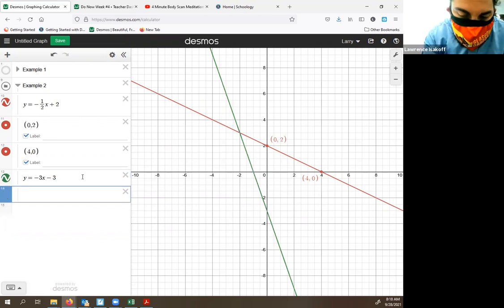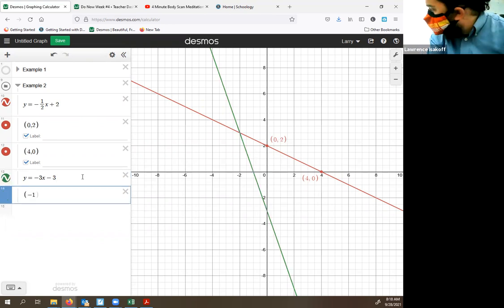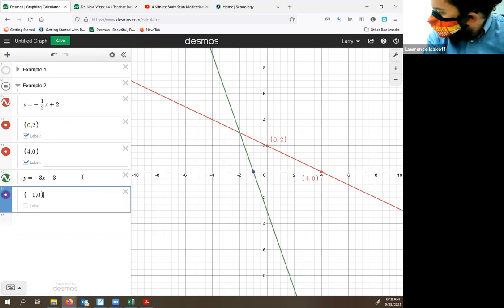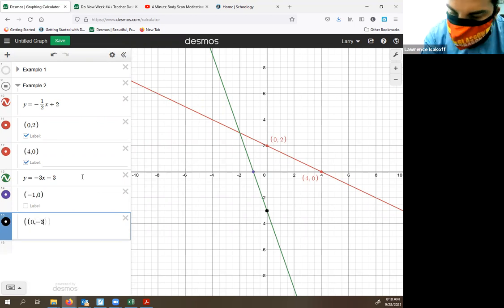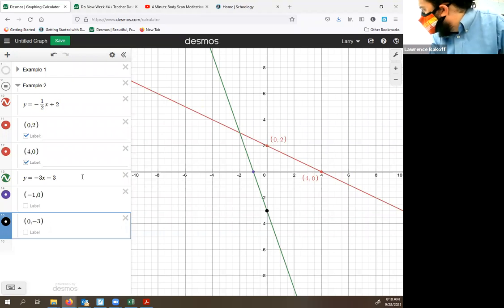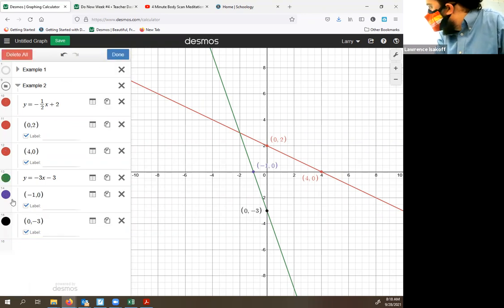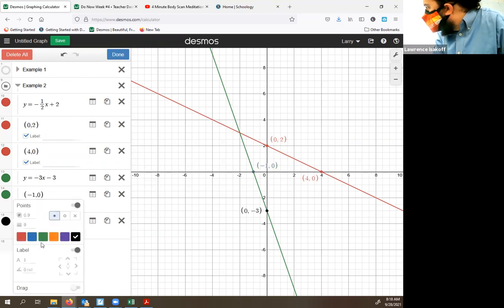So again, just pull the x and y intercepts very quickly. (0, -3). Oh, one too many parentheses there. Not going to like that. Turn on those labels. Let's get my colors matched up. Green and green.